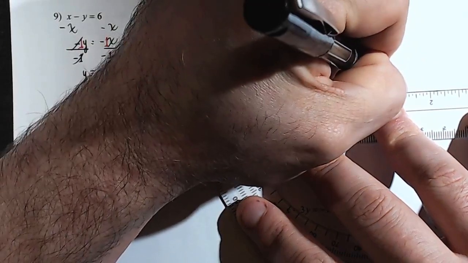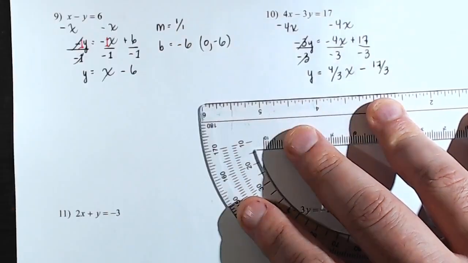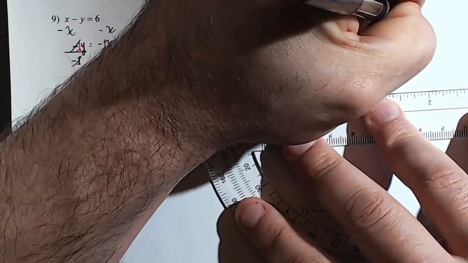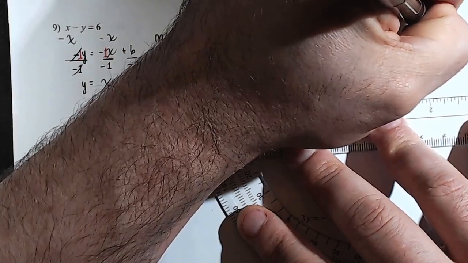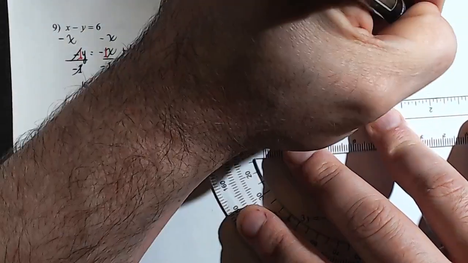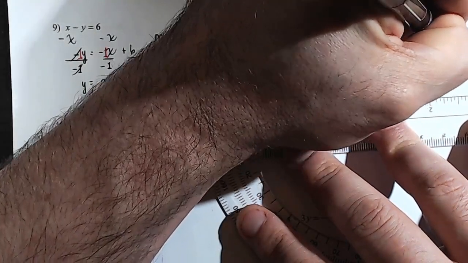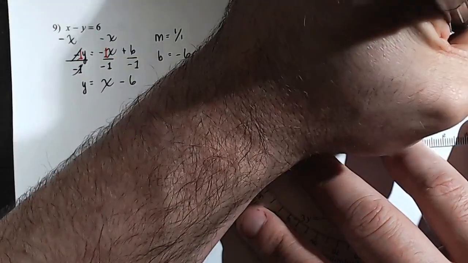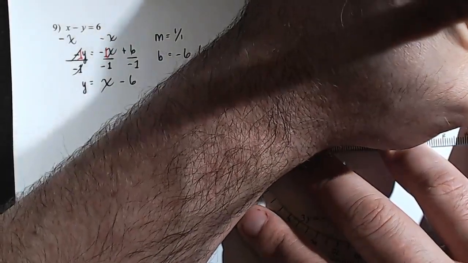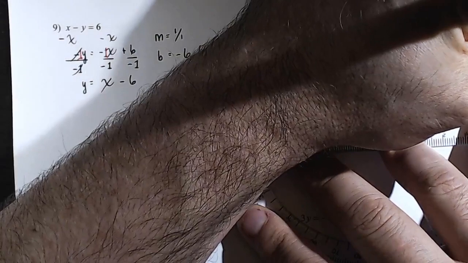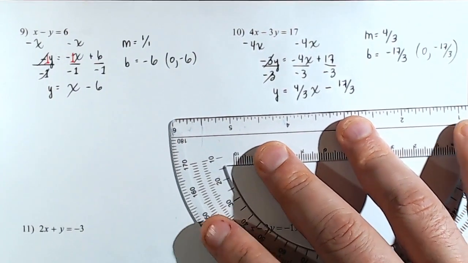And then minus 17/3 because 17/3 is irreducible. So m in this problem is 4/3. And b is negative 17/3. Which can be plotted on a graph as (0, negative 17/3). And we could turn that into a decimal or a mixed number whenever we wanted to.